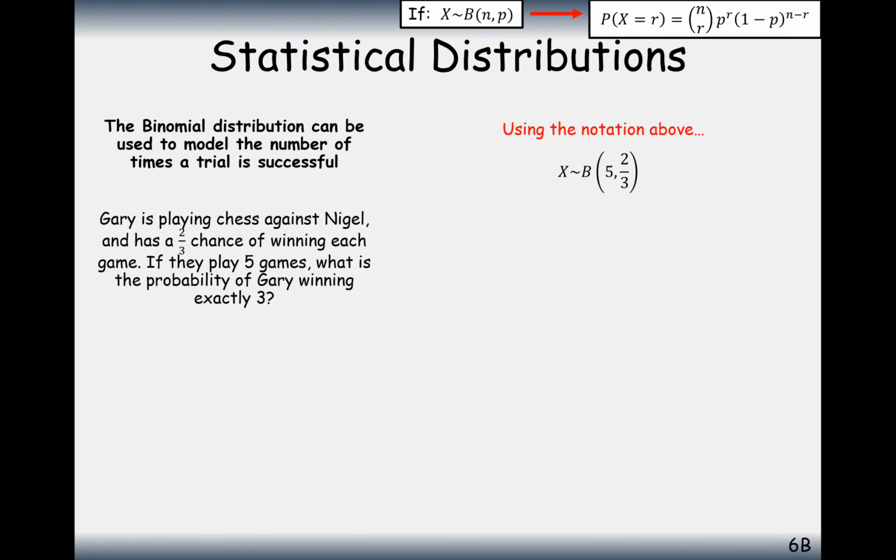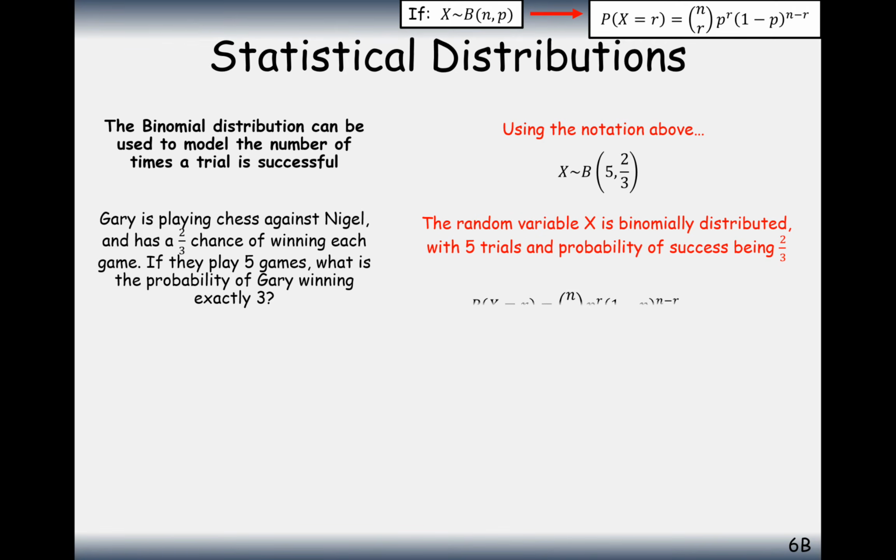Alright then, so going back to our situation with Gary and Nigel, the way that we would calculate this using the binomial distribution is we would first define our binomial distribution. That's really important. It's effectively one of your method marks that you'll get for each question. X here is binomially distributed, 5 trials with a probability of success of 2/3.